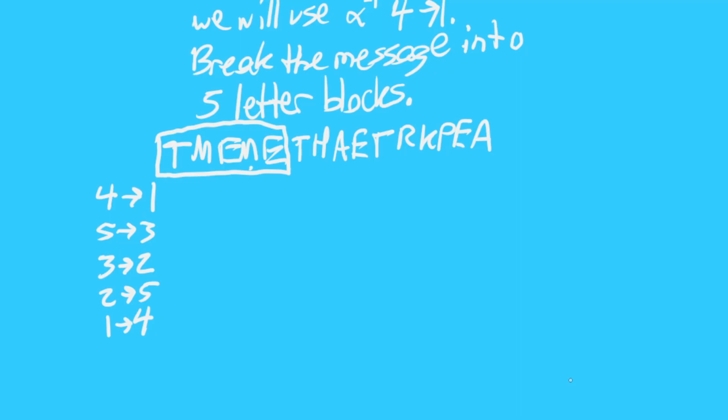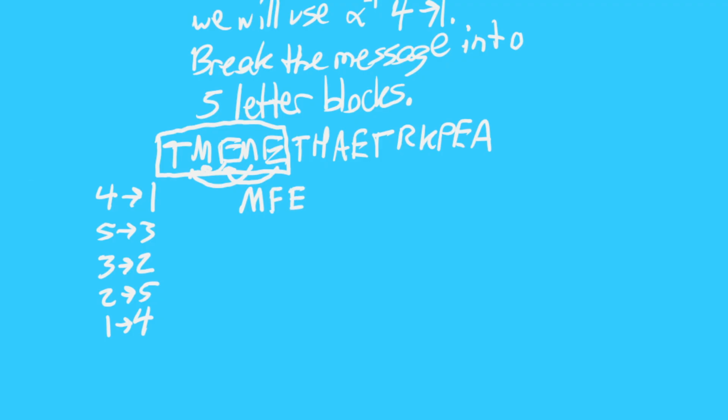So we have our 4th letter going to the start, the first position. So we will have M. And then we have our 5th letter going to our 3rd position. So we have E. And we have our 3rd letter going to our 2nd position. This was supposed to go here.